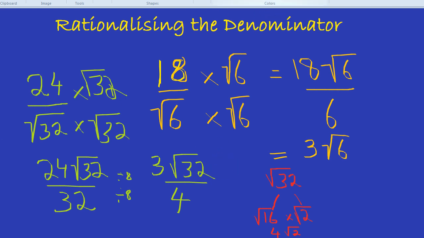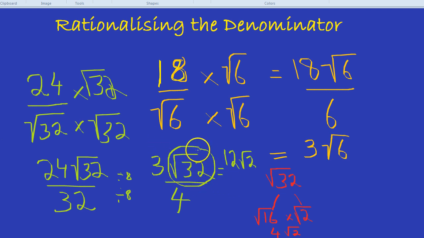Now what happens? Well, we have 3 times 4 root 2. Remember, root 32 is now 4 root 2. And what is 3 multiplied by 4 root 2? 3 times 4 is 12. So it's become 12 root 2. The top line equals 12 root 2.